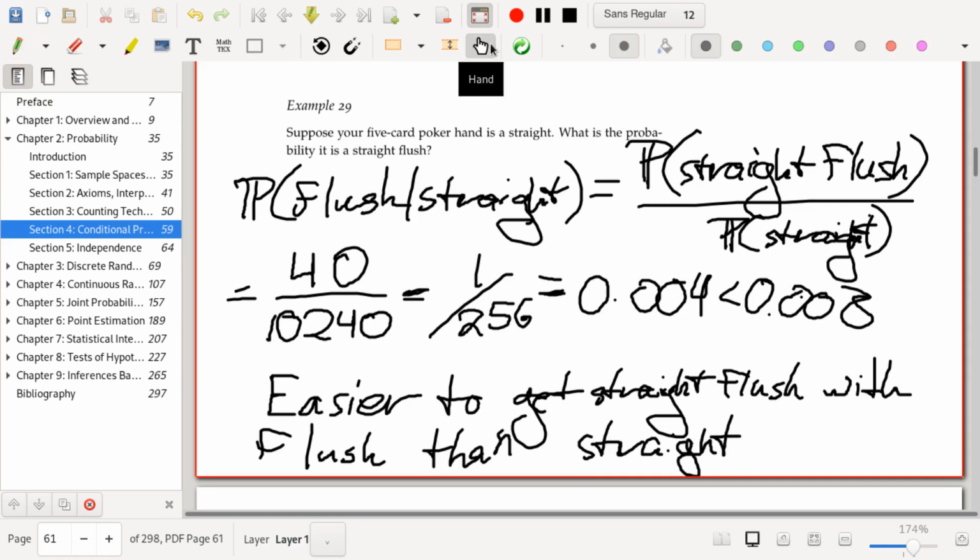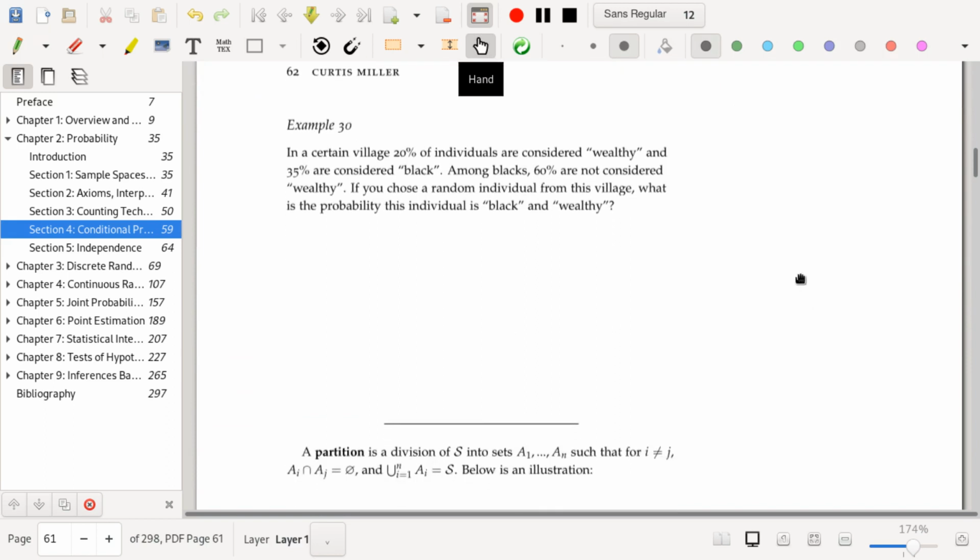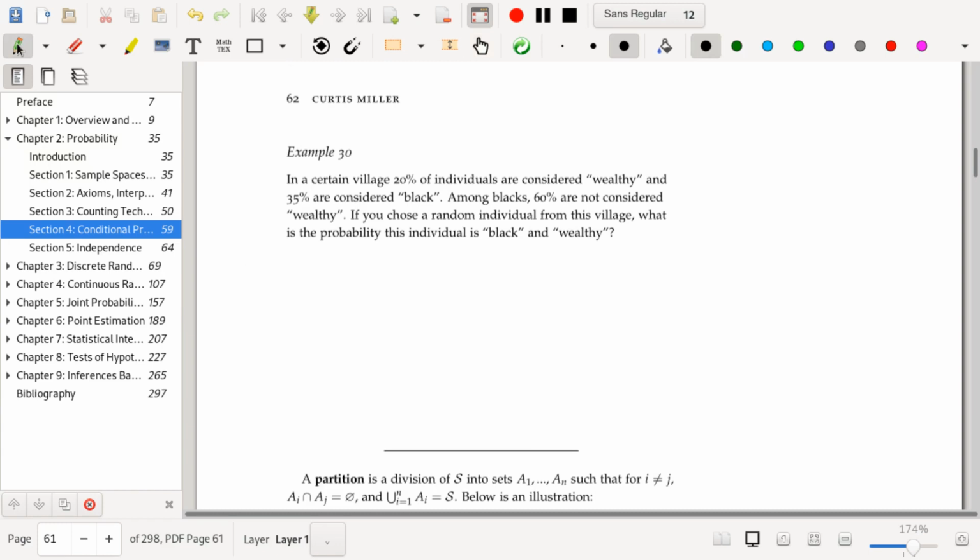All right, excellent. Next example. In a certain village, 20% of individuals are considered wealthy and 35% are considered black. Among blacks, 60% are not considered wealthy. If you choose a random individual from this village, what is the probability that this individual is both black and wealthy? Let's convert some of that information into math. The probability of being wealthy equals 0.2.